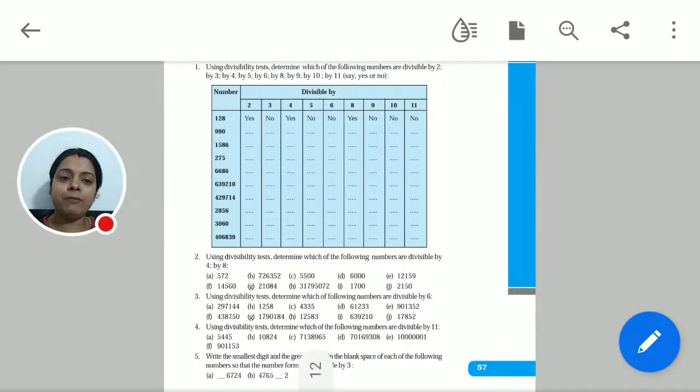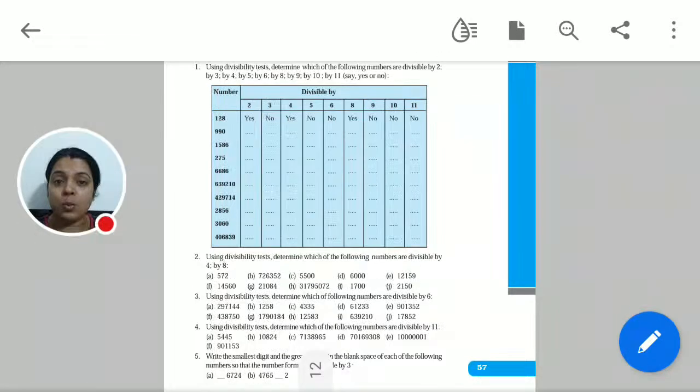If we are going for question number 3, and it is asking for divisibility by 6, first we'll mention the rule: a number is divisible by 6 if it is divisible by 2 and 3 both. So first we'll write that rule.